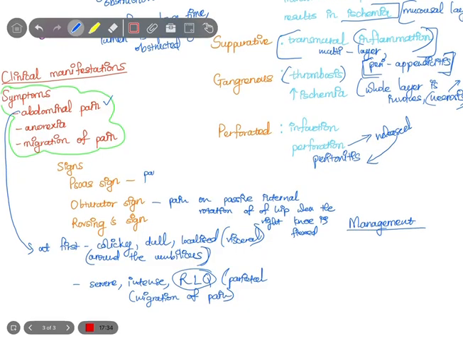Pain felt, psoas sign, pain felt, while the right thigh is flexed backwards.